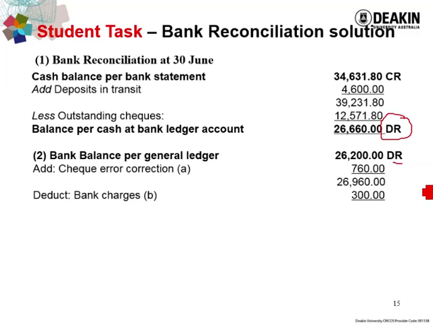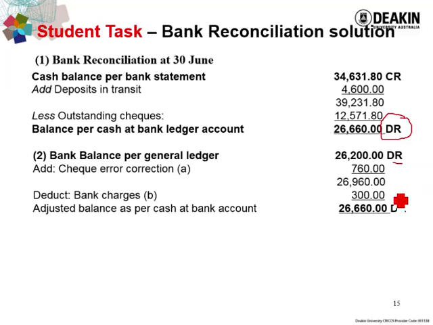We then deduct bank charges that have appeared on the bank statement but not yet recorded by the company, which is $300. So this gives us the adjusted balance per cash at bank account 26,660 debit. So you'll find that the two figures in part 1 and part 2 will be the same. So this means you have successfully reconciled the statement.